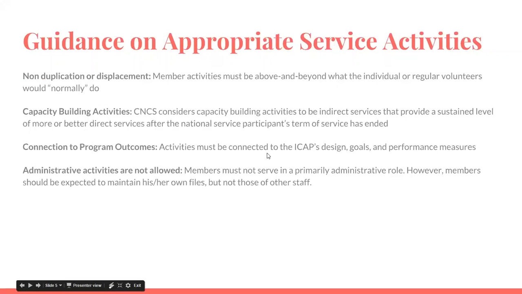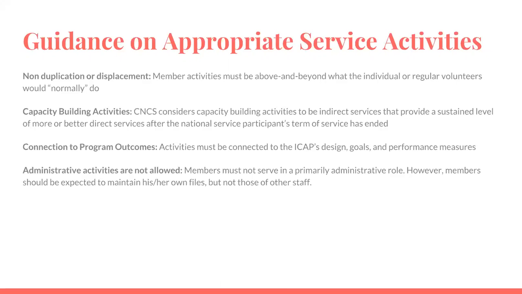Some guidance on appropriate service activities: member activities must be above and beyond what individual or regular volunteers would normally be doing. This is the non-duplication requirement. It has to be above and beyond what a normal volunteer effort is doing, or someone else doing something administratively there.